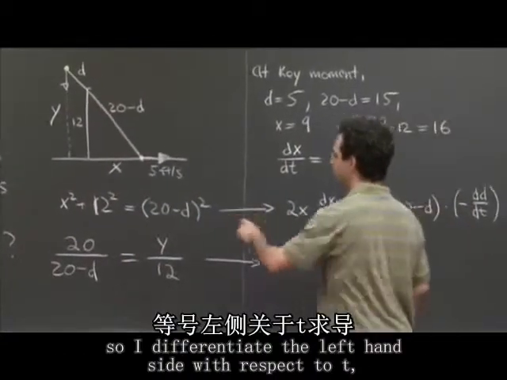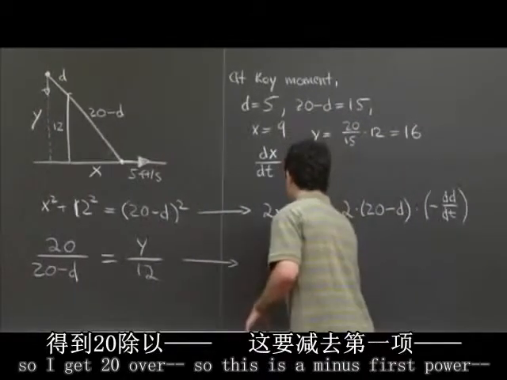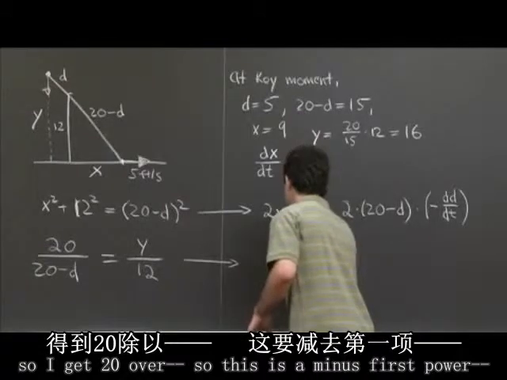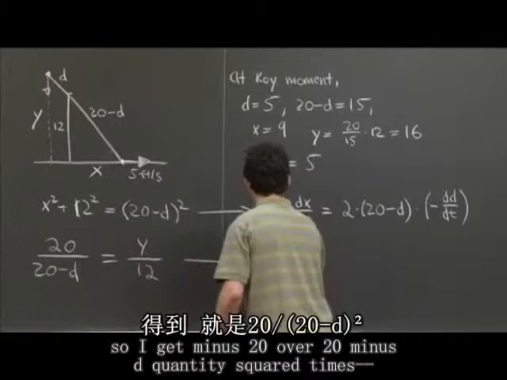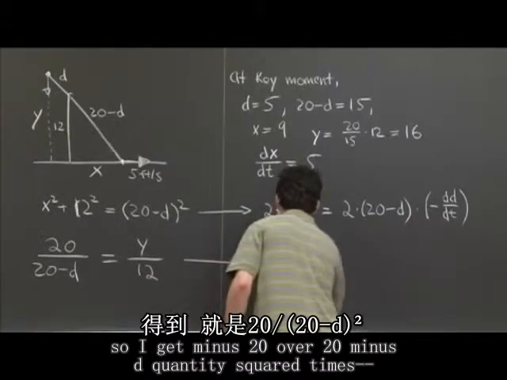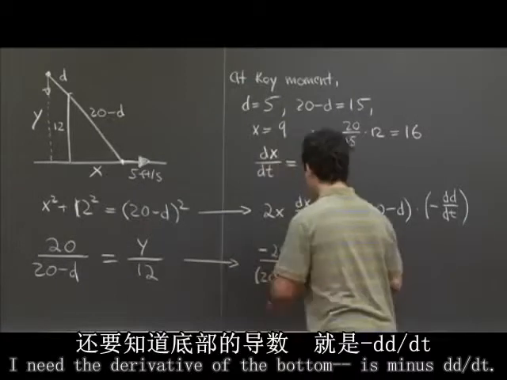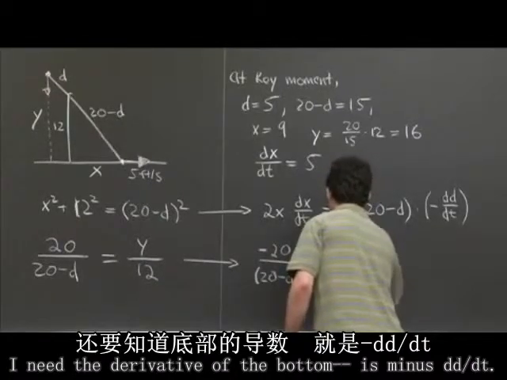So I differentiate the left-hand side with respect to t. I get 20 over, so this is a minus first power, so I get minus 20 over (20 minus d) quantity squared, times the derivative of the bottom, which is minus dd/dt.